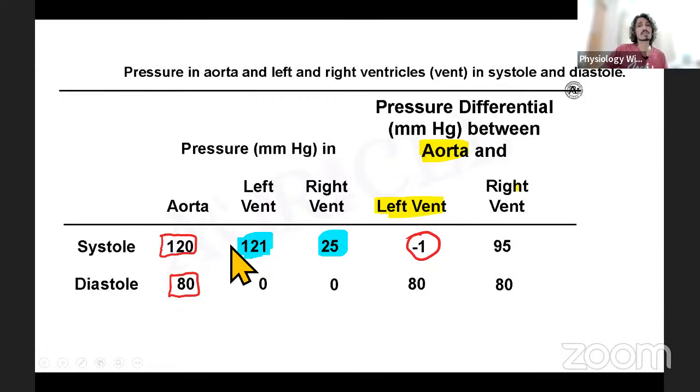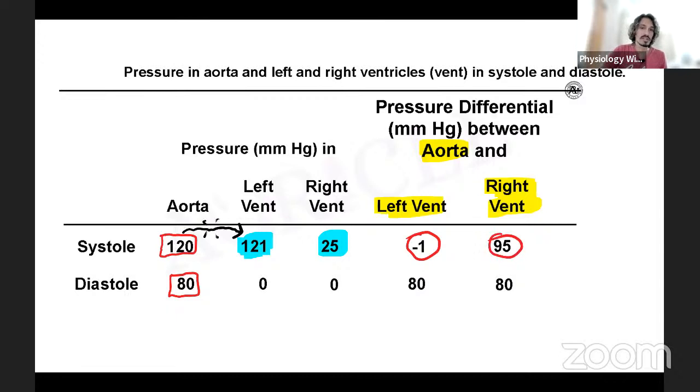Ultimately, it is from your aorta that your coronary circulation is going to come to your heart. So in systole, what do you see? The left ventricle has more pressure than your aorta. So will there be flow in this direction?